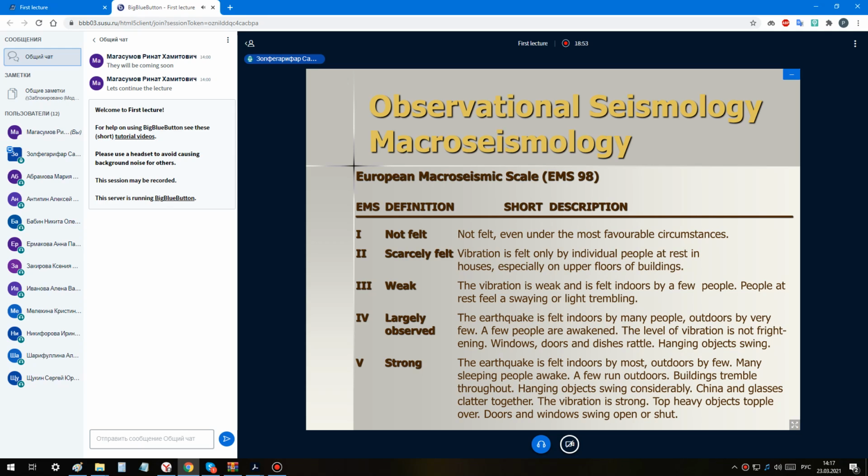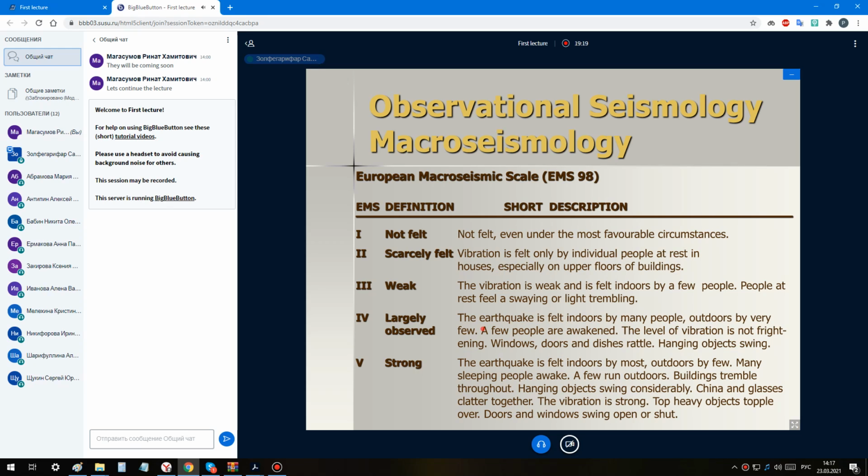For example, this slide shows the European macroseismic scale EMS 98 with 12 levels. This slide shows levels 1 to 7 of the EMS scale.